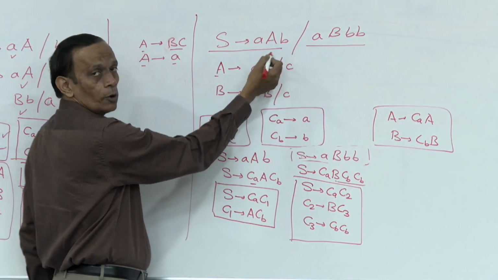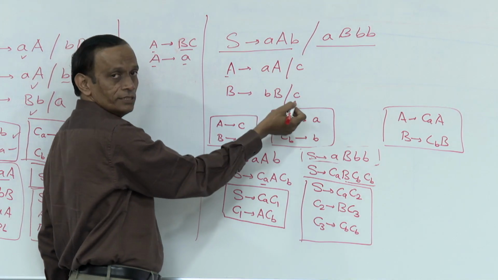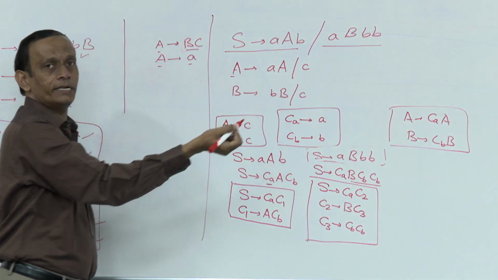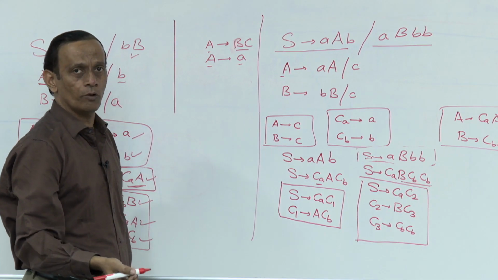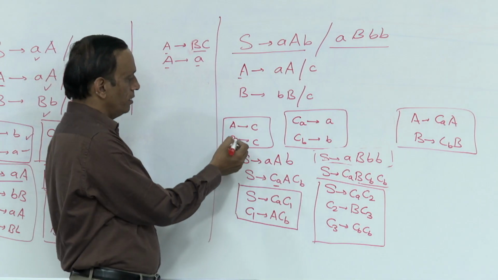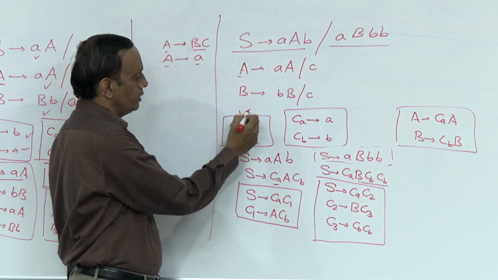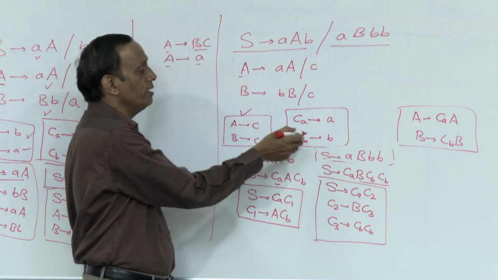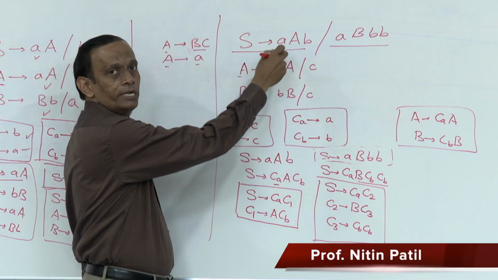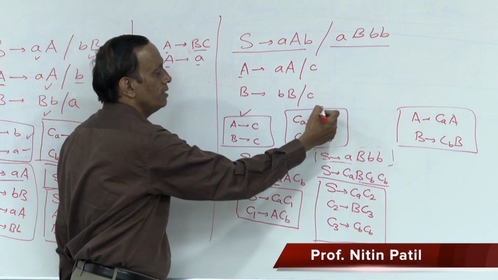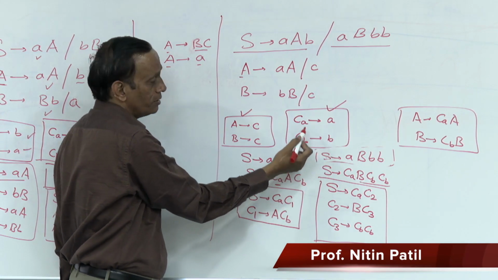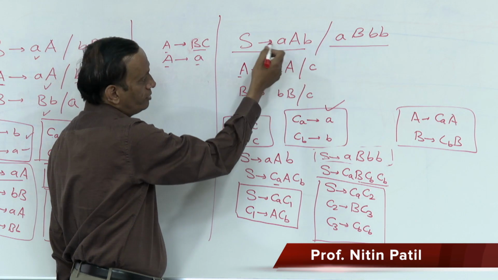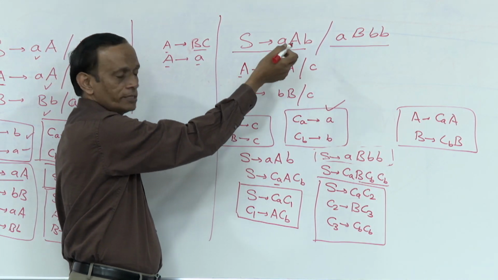This was my given production set, 1, 2, 3, 4, 5, 6, containing 6 productions. For these 6 productions, I have created an equivalent grammar in Chomsky normal form, which now contains these productions: A gives a, B gives b. Then the newly introduced productions for the terminals occurring towards the right side along with non-terminals, so CA and CB. Then I picked each production containing a combination of terminals and non-terminals.